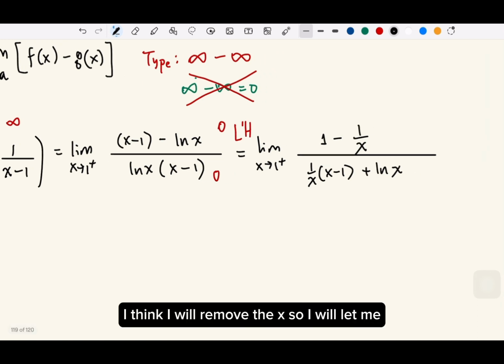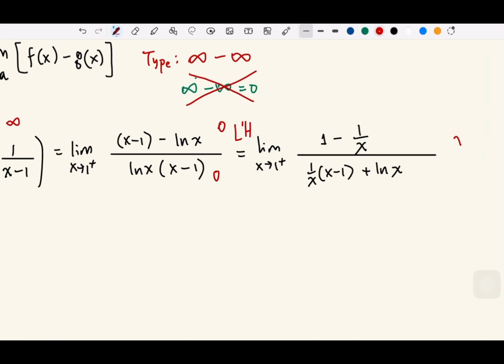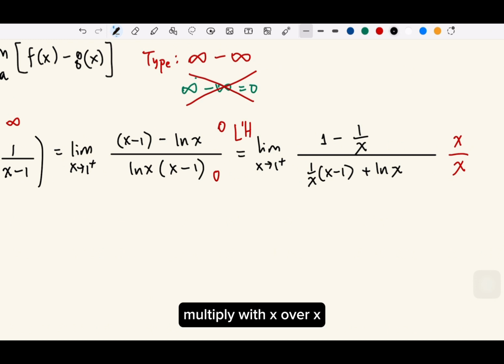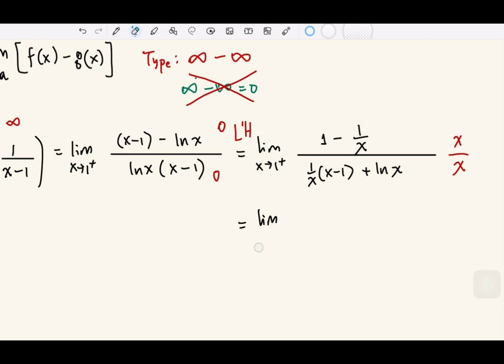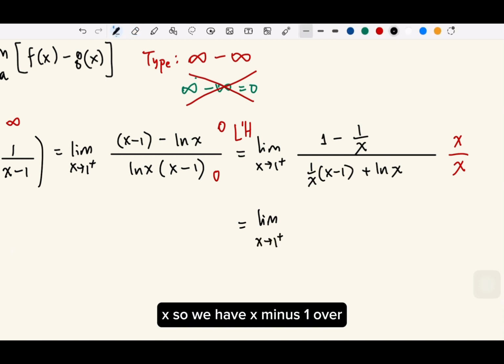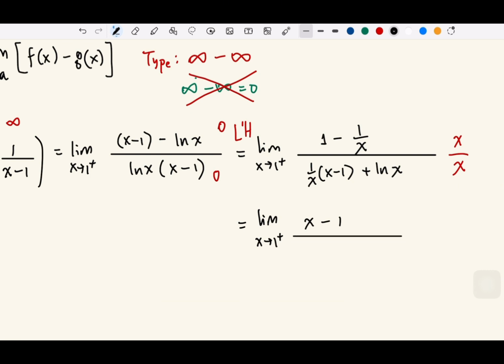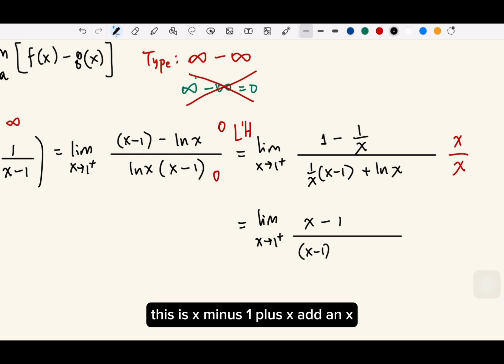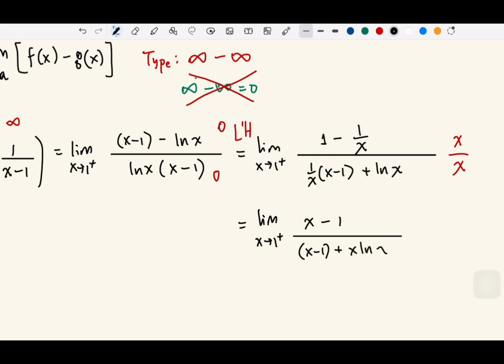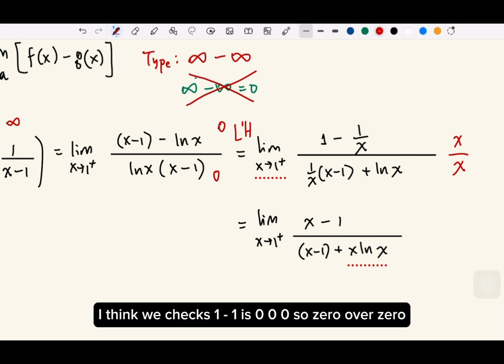I think I will remove the x, so let me multiply with x over x. So the limit has x minus 1 over x minus 1 plus x ln x. Okay, check again. 1 minus 1 is 0, so 0 over 0.